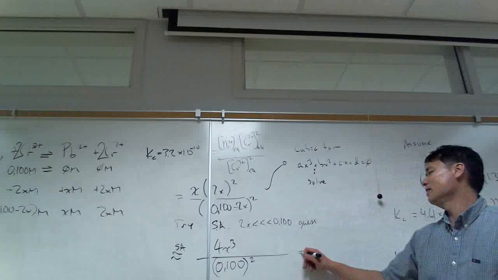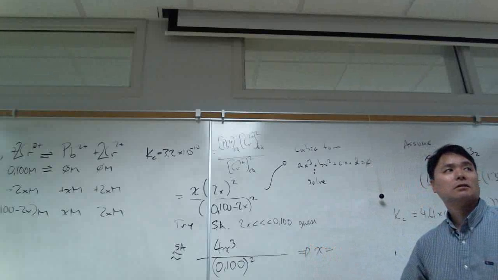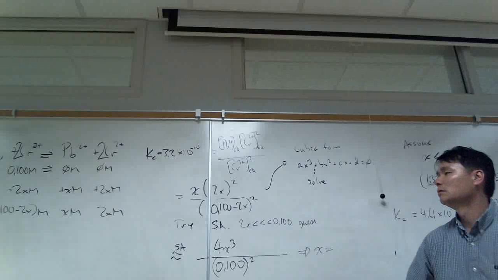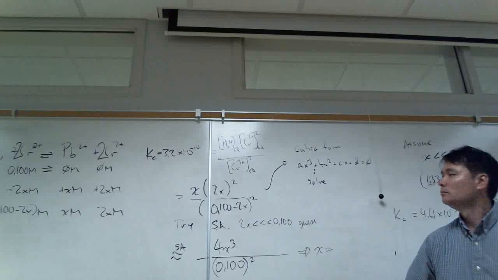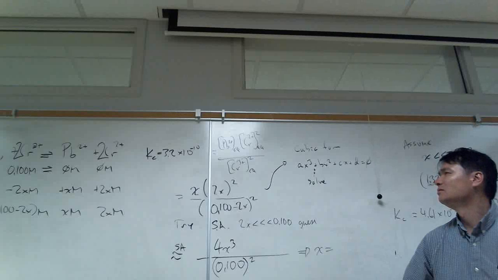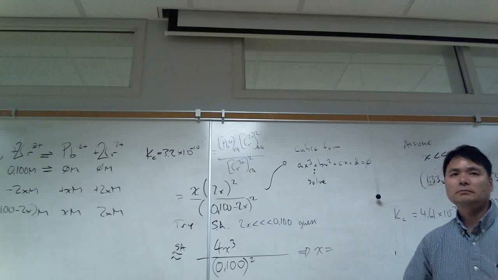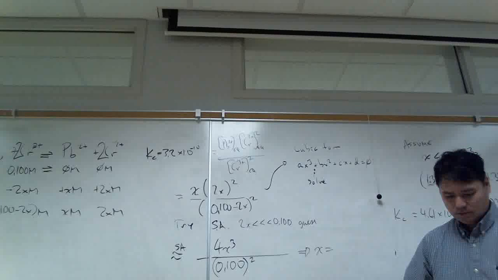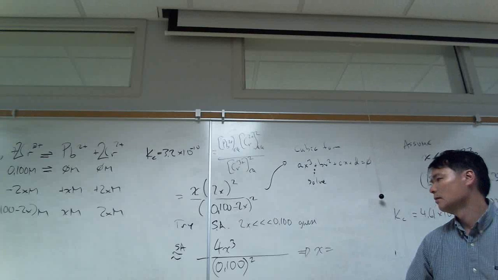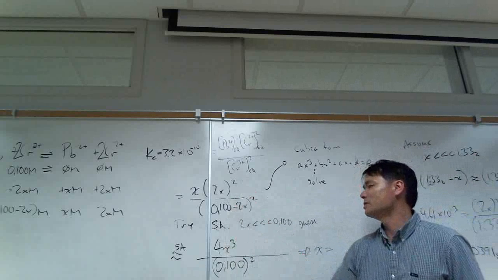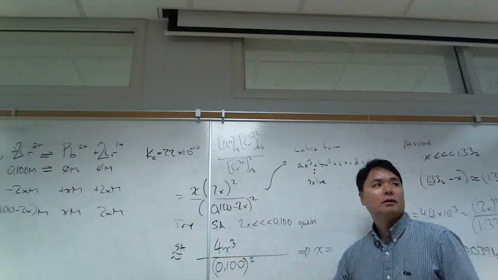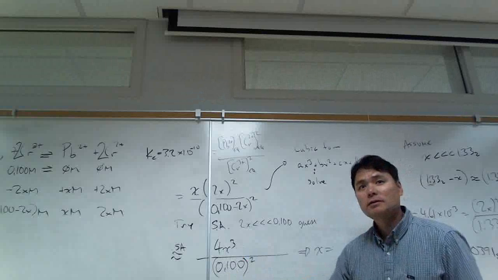And so the math becomes very easy, and x is equal to 0.01 times 3.2 times 10 to the minus 10 divided by 4, and then the cube root. Look down. What do you get for x?